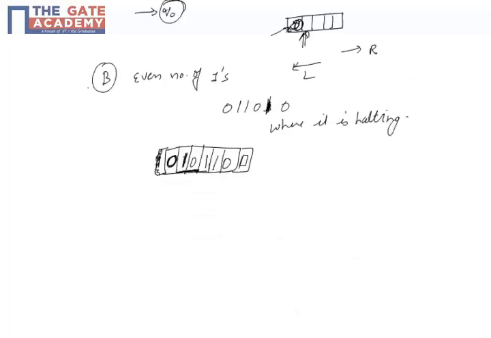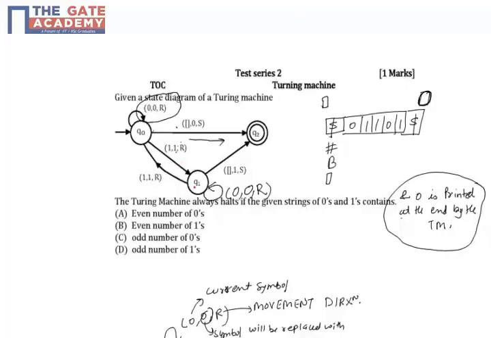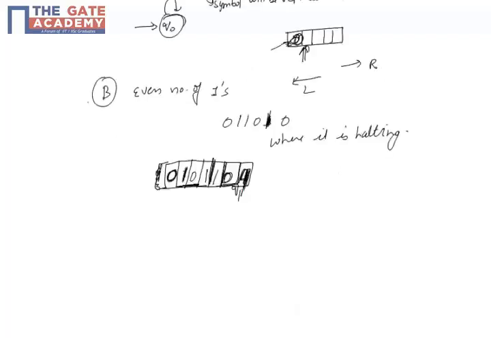Like this I am going back to Q0, again coming here, and now I am at state Q1. What I am seeing is the end marker, which will be replaced with 1 and it will go to my state Q2.